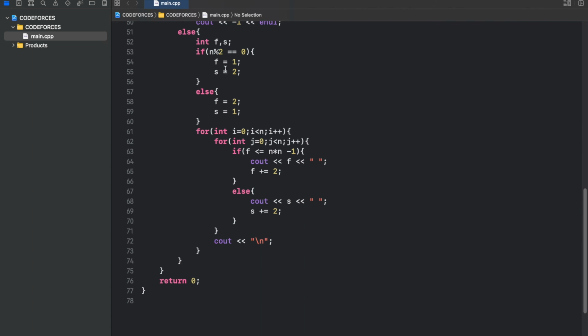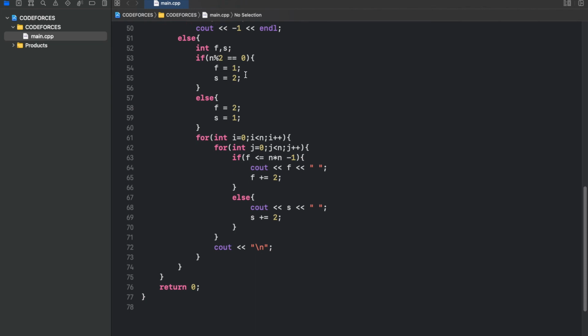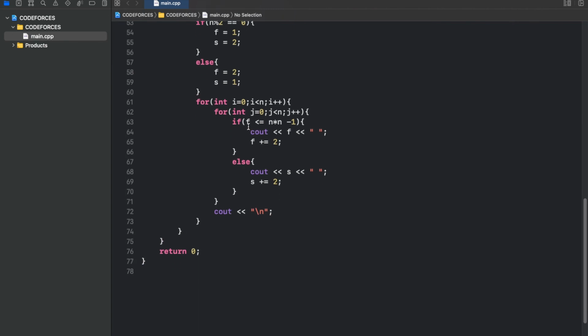For example, for 4, which is even, we will start from odd numbers, so we will go up till 15. We start from 1, then f plus equals 2, then 3, then 5, then 7, and it will go up till 15, and then f will become 17, so it will go into the else part.